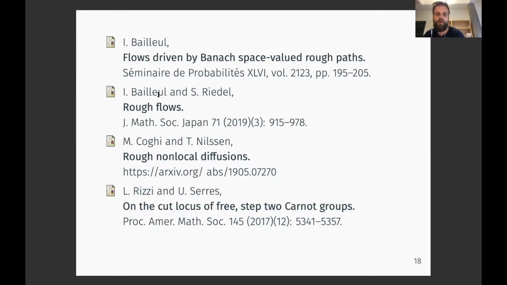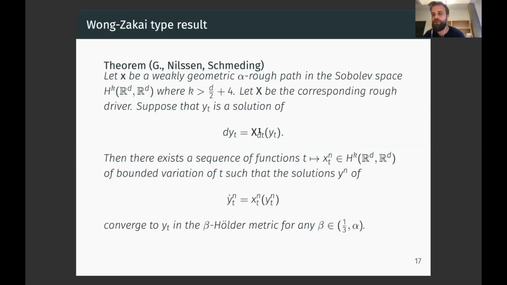And part of what Bayer and Riedel do in this rough flow paper is that they show these Wong-Zakai results in the special case where you have some martingale structure, or you can use some stochastic analysis to show that this is true. And so this kind of result gets around this, where you don't really need any stochastic behind it, because you can just use properties of weakly geometric rough paths and rough paths.